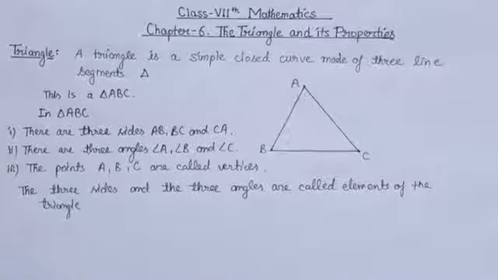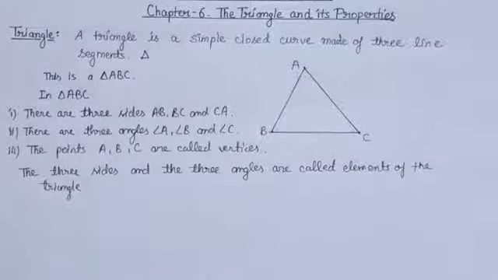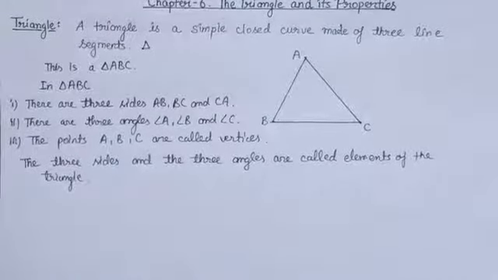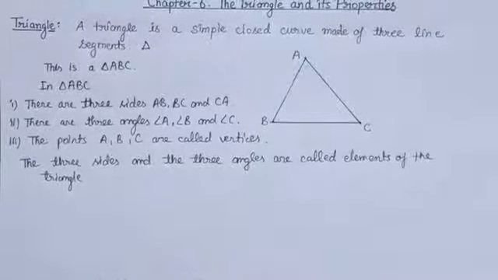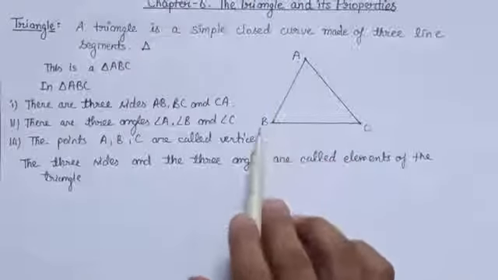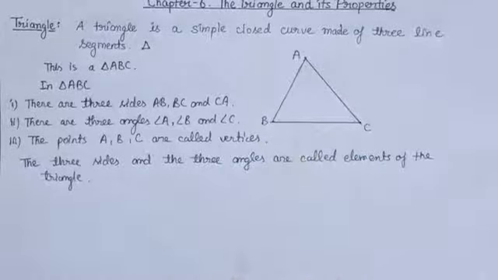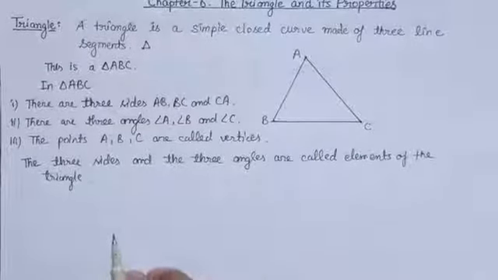Now I hope it is clear what the elements of the triangle are. The 3 sides and the 3 angles are called elements of the triangle, and the points A, B and C are known as vertices of the triangle.